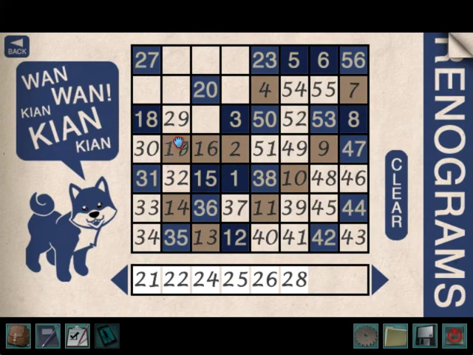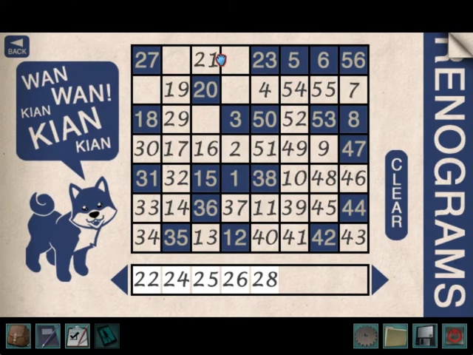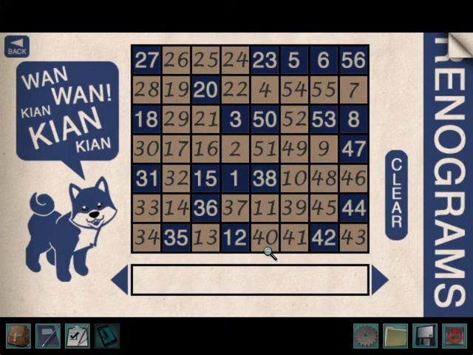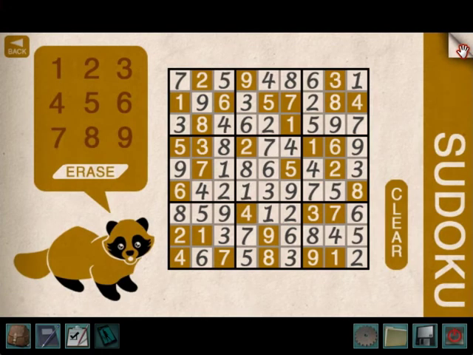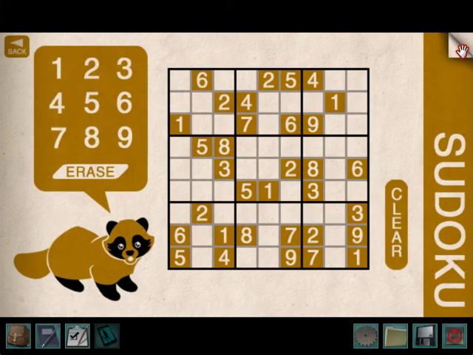There we go. Okay, so now we got that, which means 19 goes there. Done. Boom, there you go. Okay, it pretty much unraveled like the others once you got into it, which is good.